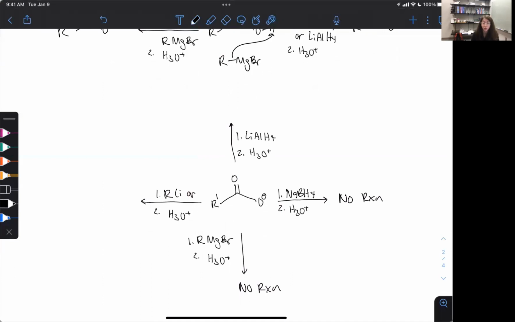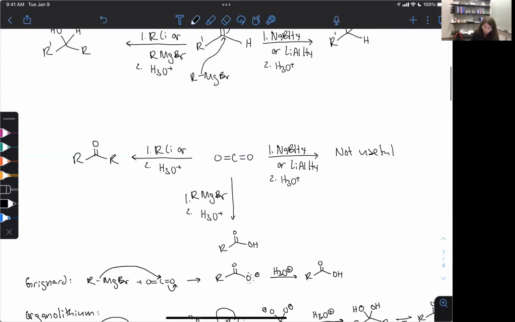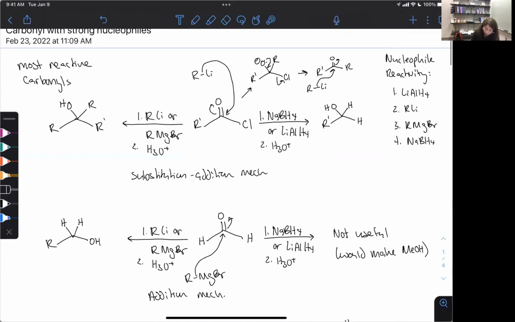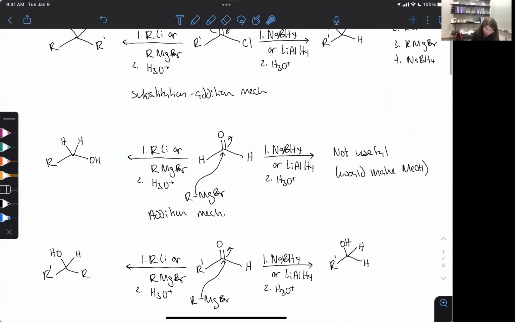Okay, because what we're essentially seeing is, if we remember our reactivity list, these two are the lowest reactivity, and we're getting to a low reactivity electrophile. So once we start getting down here, it's not enough. It has to be up here. And we do see reaction with the lithium aluminum hydride and the organolithium reagent.